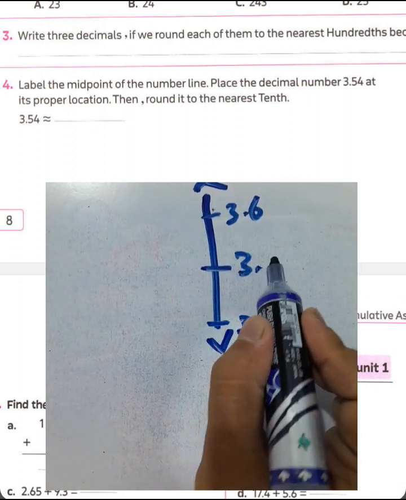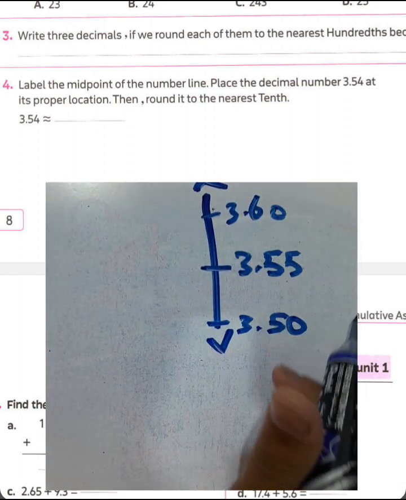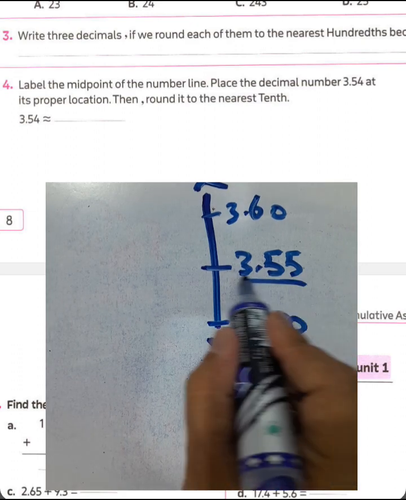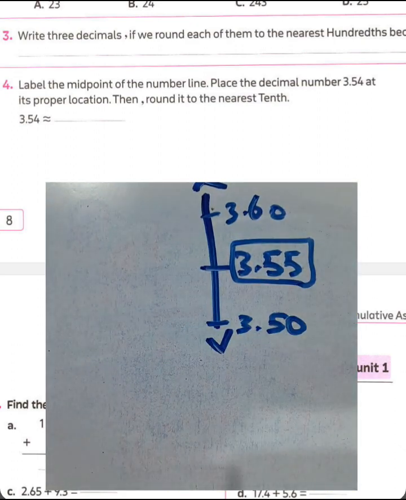The middle between 50 and 60 will be 55.